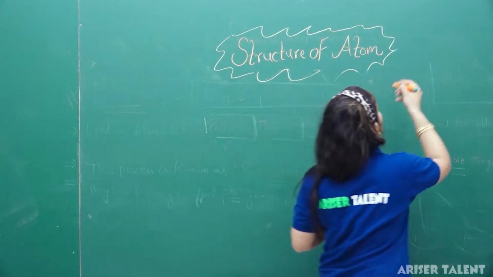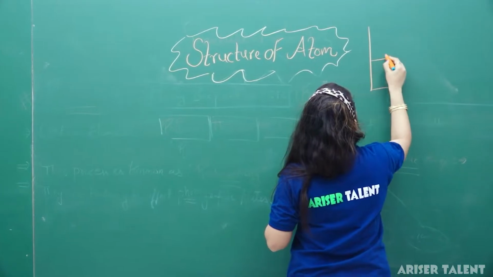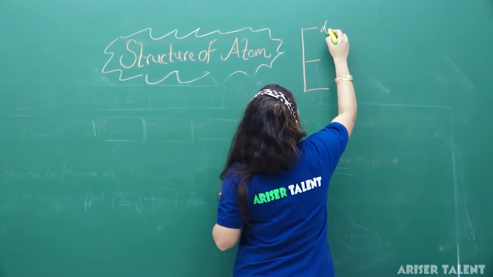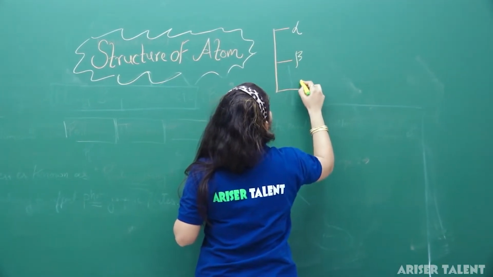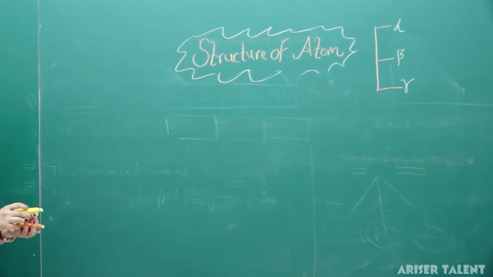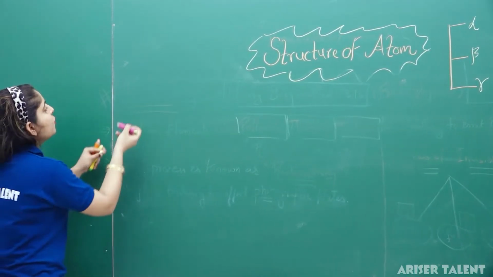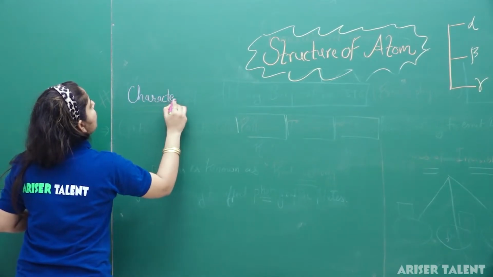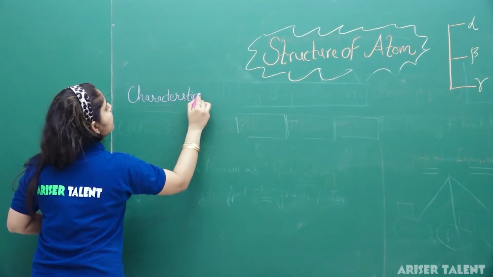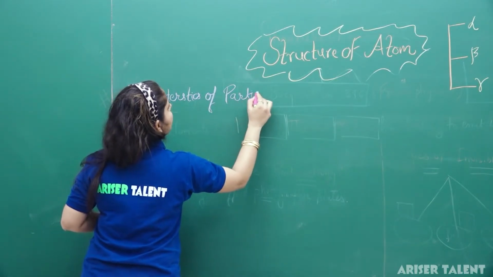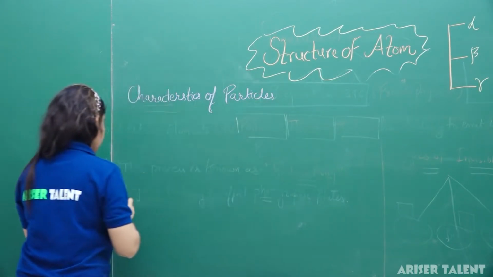As I have told you, we have three categories of particles, that is alpha, beta and gamma. Now we will discuss some of the characteristics of these types of particles. So we have our next topic, characteristics of particles.